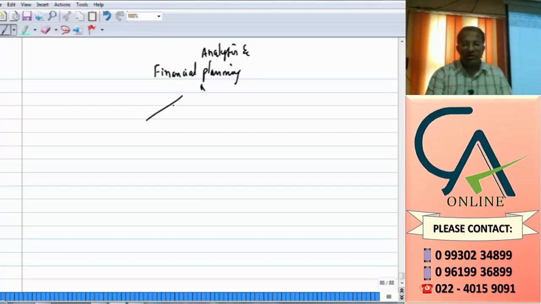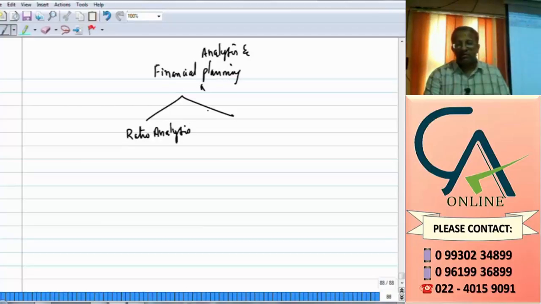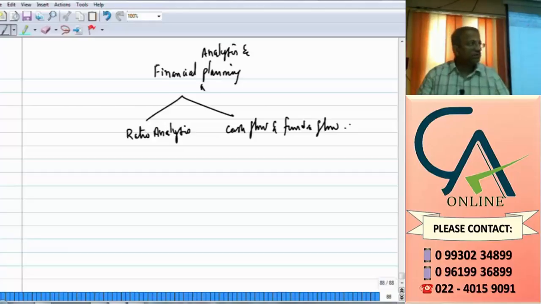This you can simply divide into two: one is ratio analysis, the other is cash flow and fund flow. Financial analysis and planning is the title for this topic.